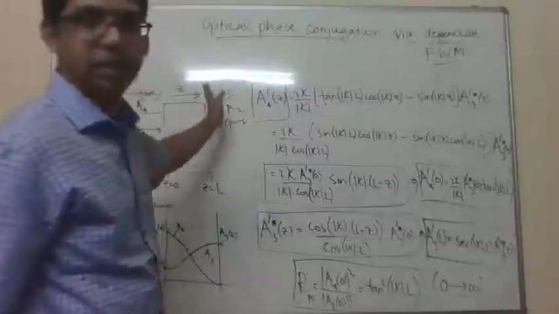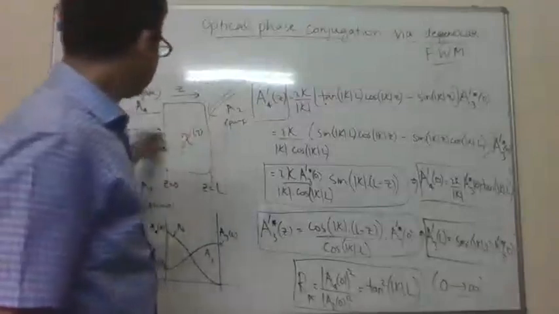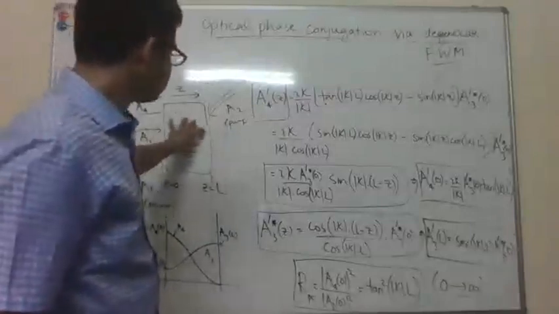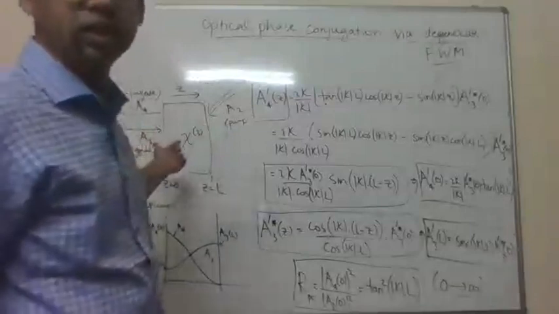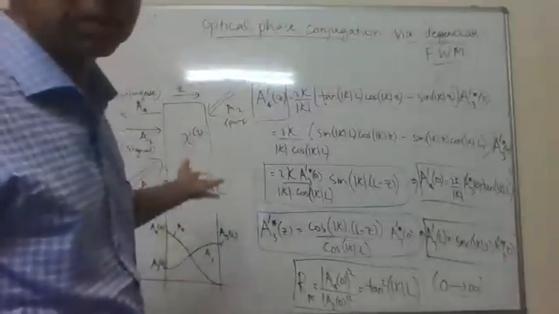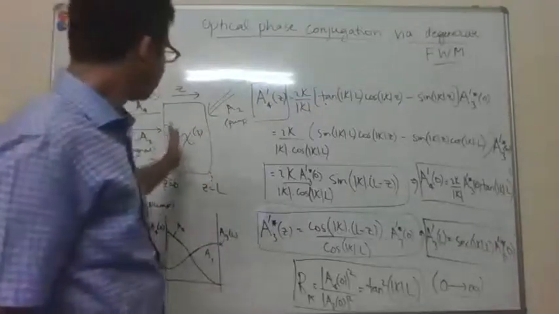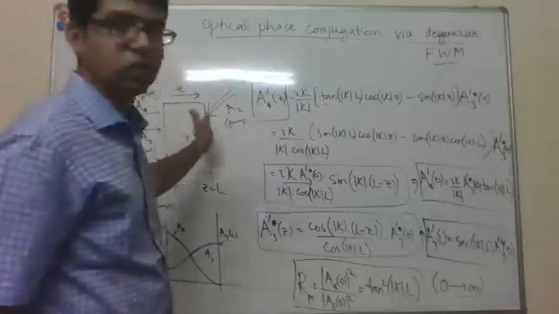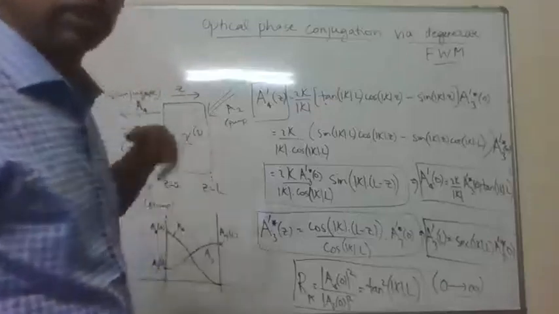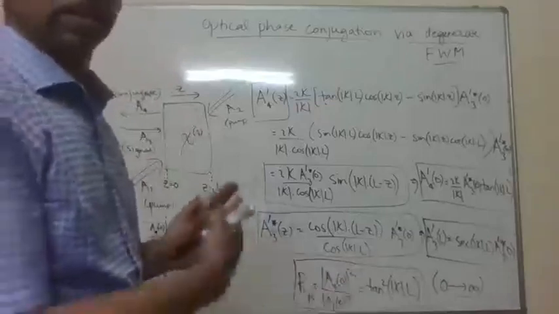Regions of high and low intensity periodically. And these pumps are causing a phase shift on the signal, let's say cross phase modulation. So there'll be periodic regions of high phase shift, low phase shift, high phase shift, low phase shift. So it's something like a grating.